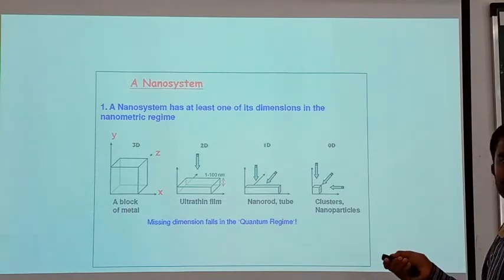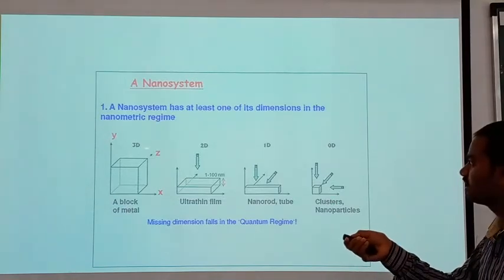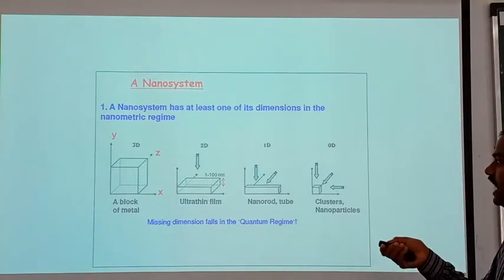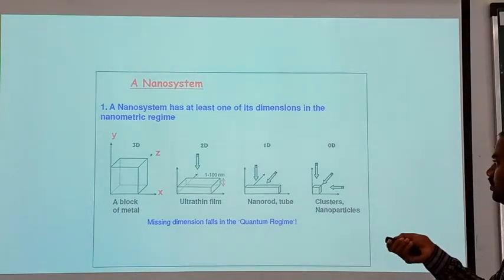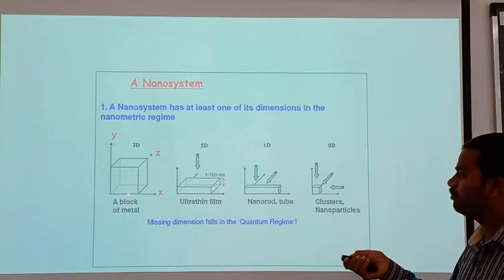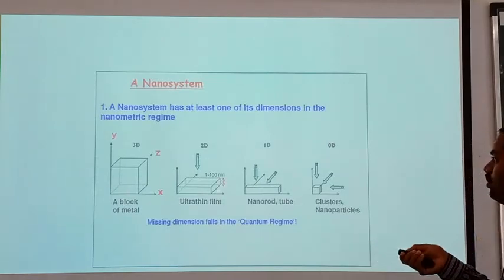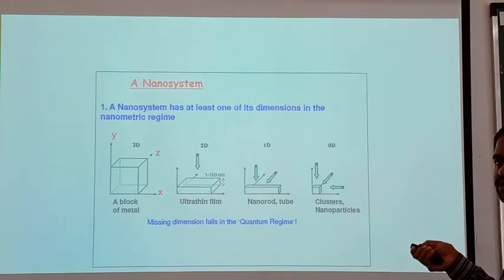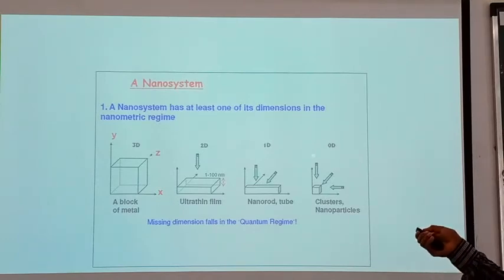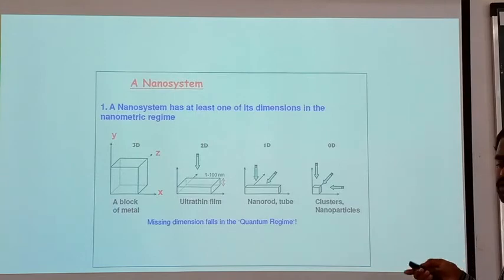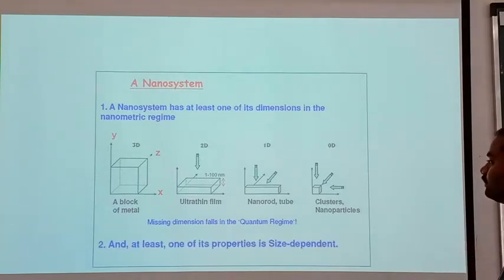So when you reduce the dimensions x, y, z, the metal block gets converted into a 2D material. Then again, when you restrict the other two dimensions, you get a 1D material, nanorod, nanotube, and when you reduce the total three dimensions, it becomes a cluster or nanoparticle, which is called zero-D.